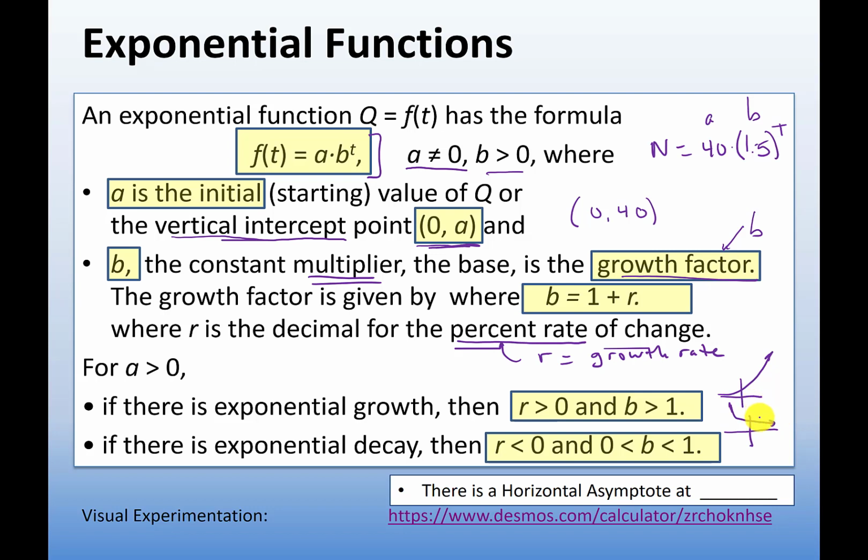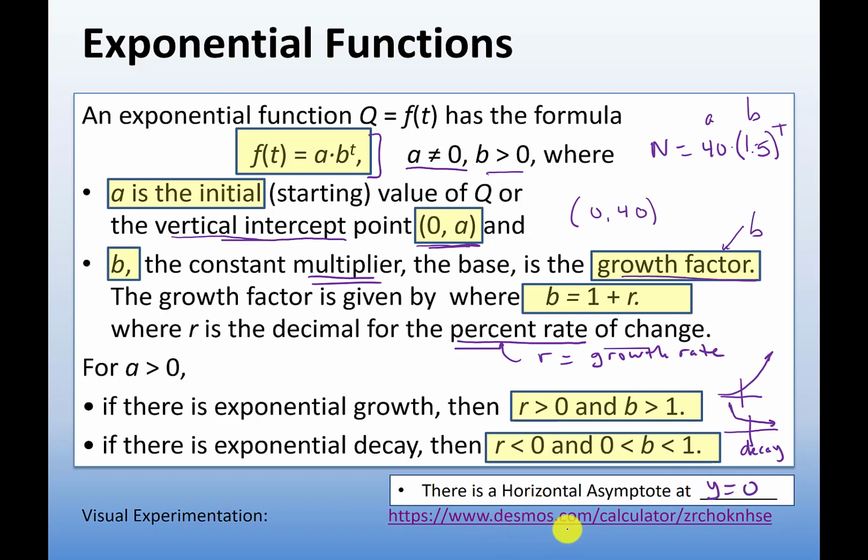And this we would call decay. And that happens when r is negative, so that b is between 0 and 1, smaller than 1. Now, all exponential functions in this basic form are going to have a horizontal asymptote at y equals 0.